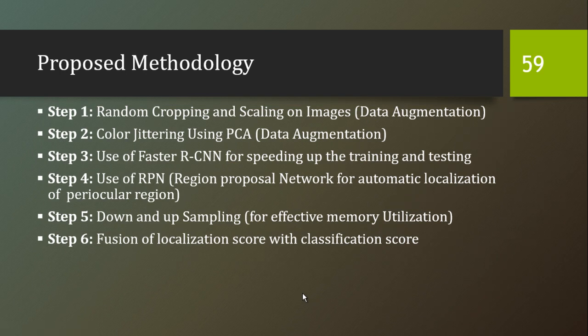So if you do not use transfer learning techniques, you can use these steps, which I have written for future direction. You must use random cropping and scaling of the image for data augmentation, first color jittering, principal component analysis data augmentation, and Faster RCNN for speeding up training and testing.